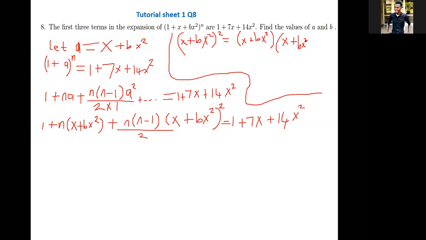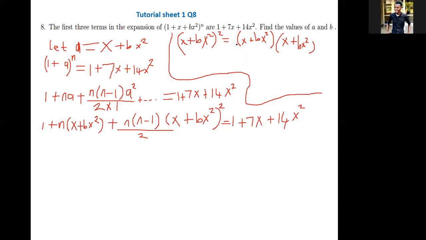Sorry, it's supposed to be squared, not cubed. So squared and then in brackets like that.